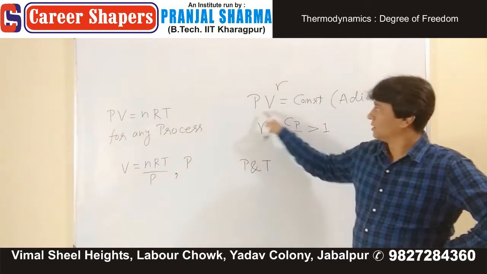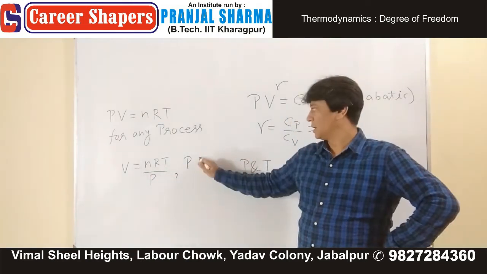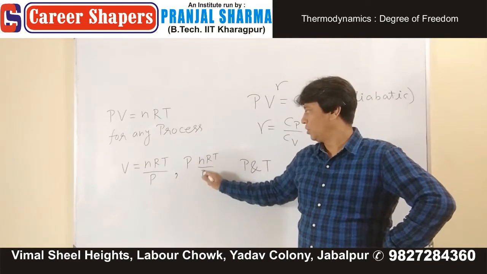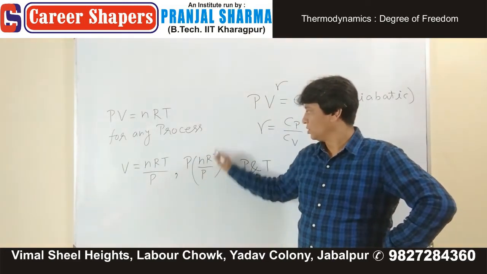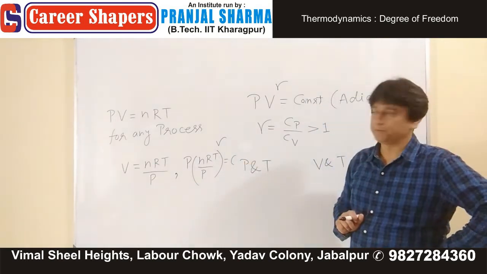P V gamma, this is V, nRT upon P to the power gamma is some constant C.